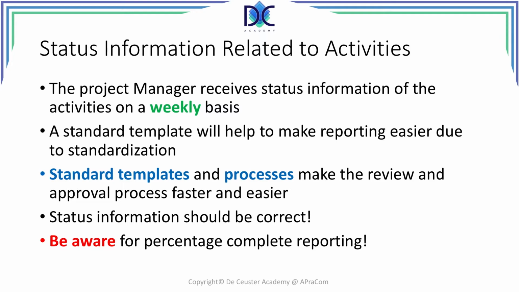Task has a duration of 4 periods. You finished 2 periods, where you finished 50% of the time of the activity, and people working on that activity may have the tendency to report 50% completed. As a project manager, you have to verify if this information is correct.